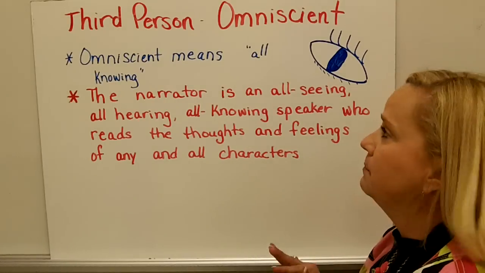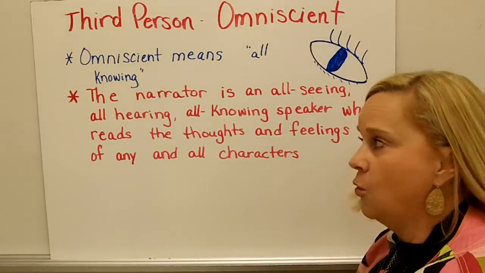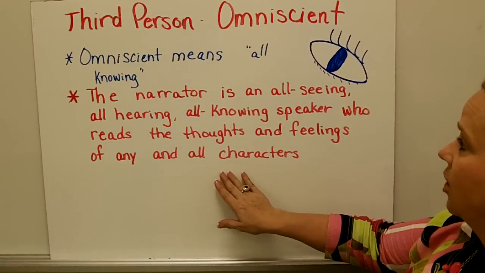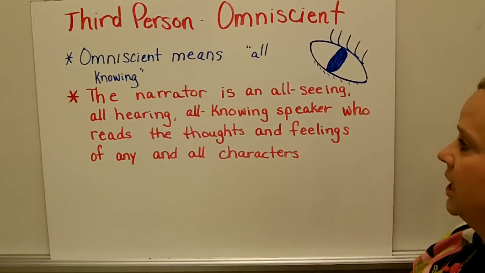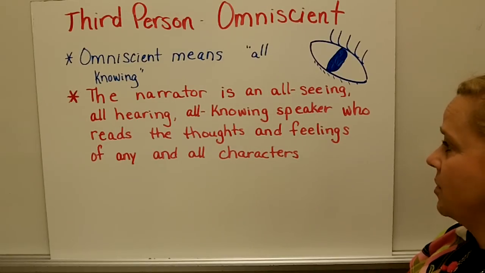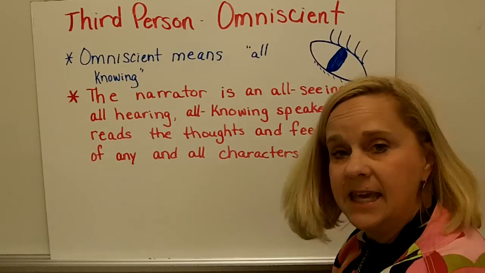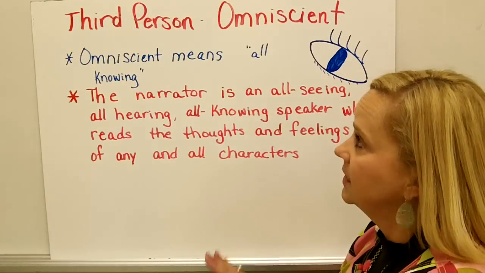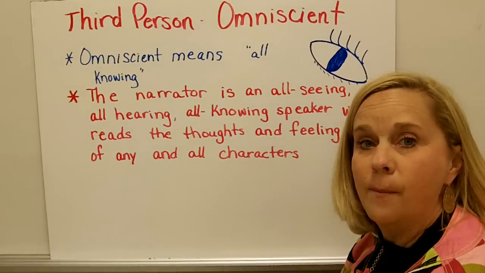And omniscient means all-knowing. So the narrator in third person omniscient is an all-seeing, all-hearing, all-knowing speaker who reads the thoughts and feelings of any and all characters. And this is third person omniscient.